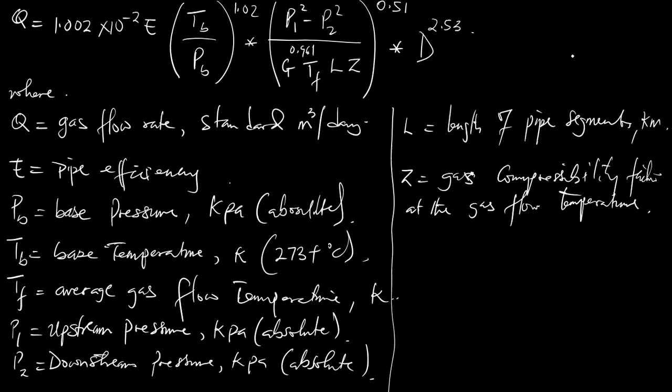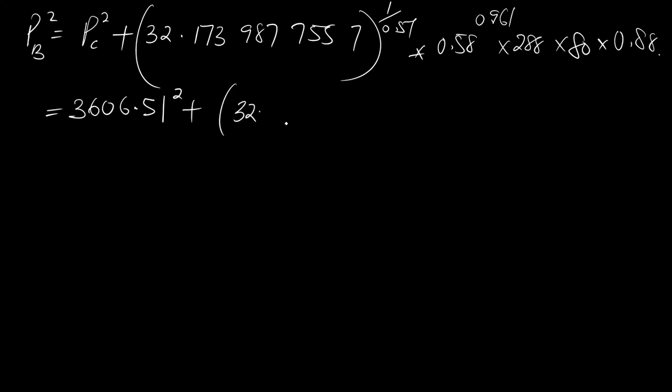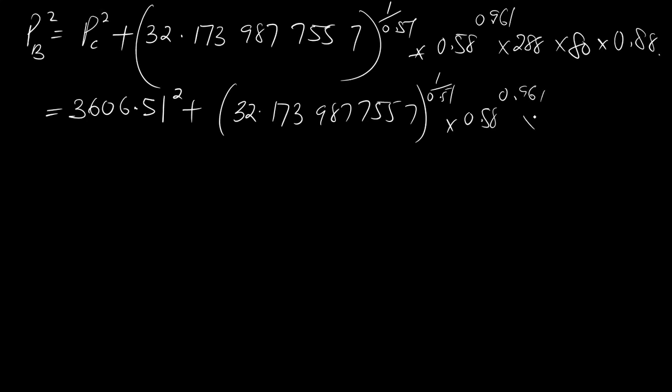BC is 80 kilometers, times 0.88. So our PC is 3,606.51 squared plus the whole of this: bracket open 32.1739877557 raised to power 1 over 0.51, times 0.58 raised to power 0.961, times 288, times 80, times 0.88.